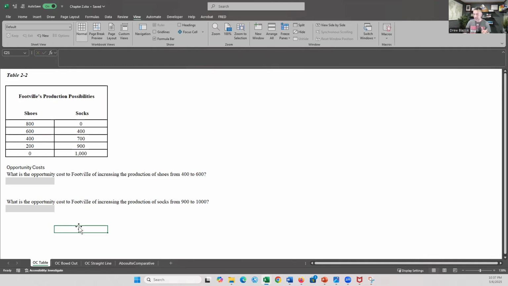That's what it's asking. And if you look at our table, this is our production possibility table, which means I can produce shoes or socks, right? And these are the combinations. If I want to produce all shoes, I have 800 or 0 socks. Now, if I want to produce less shoes, that means I open up my resources and now I could produce 400 socks.